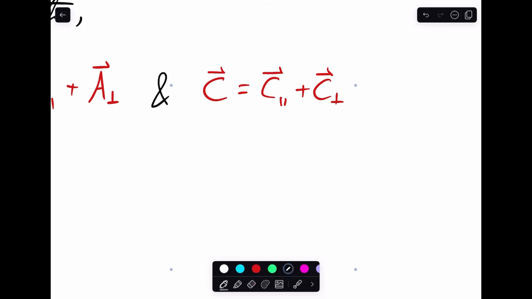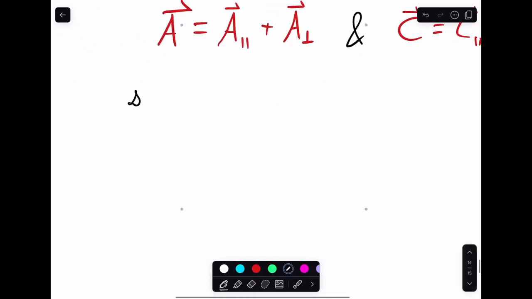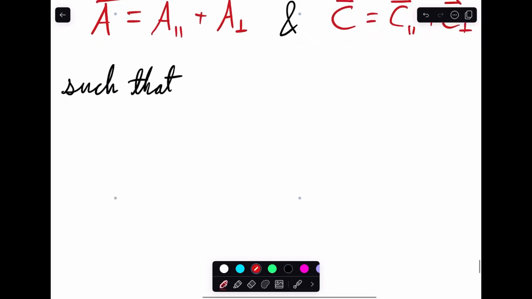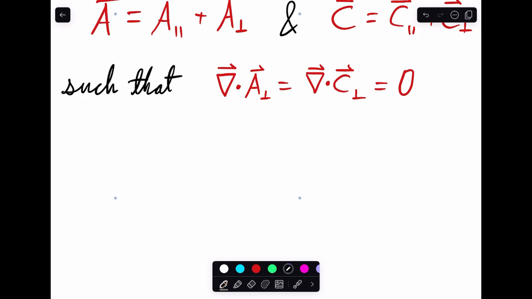Oh, and then you define these things such that the 3 divergence of A perpendicular is equal to the divergence of C perpendicular, which is equal to 0, and the 3 curl of A parallel is equal to the 3 curl of C parallel.